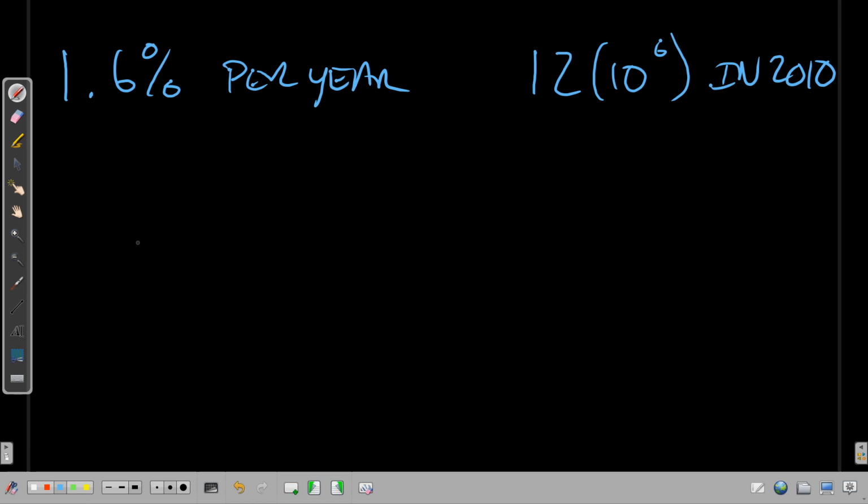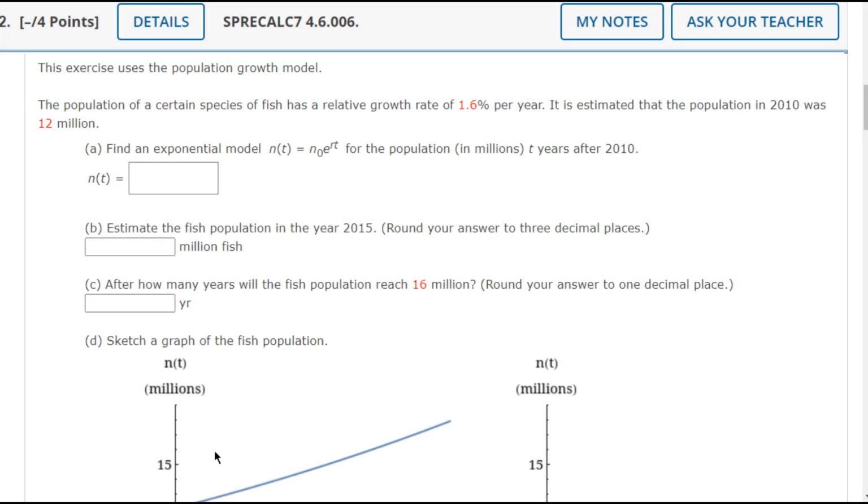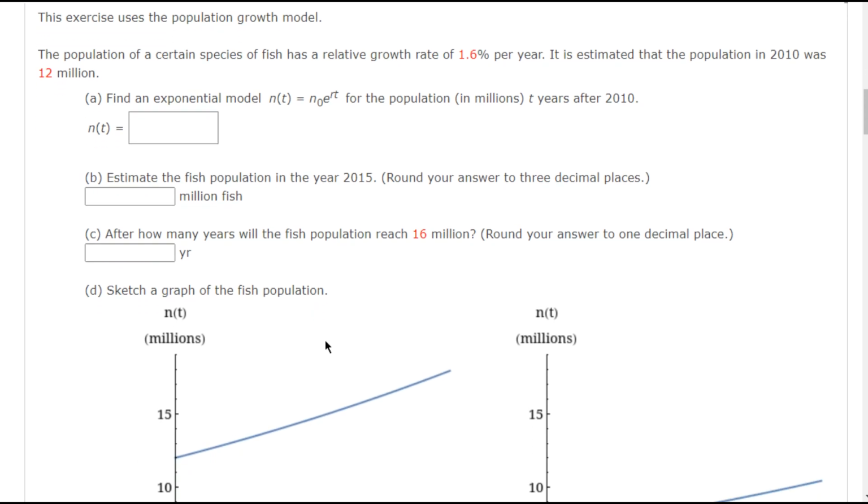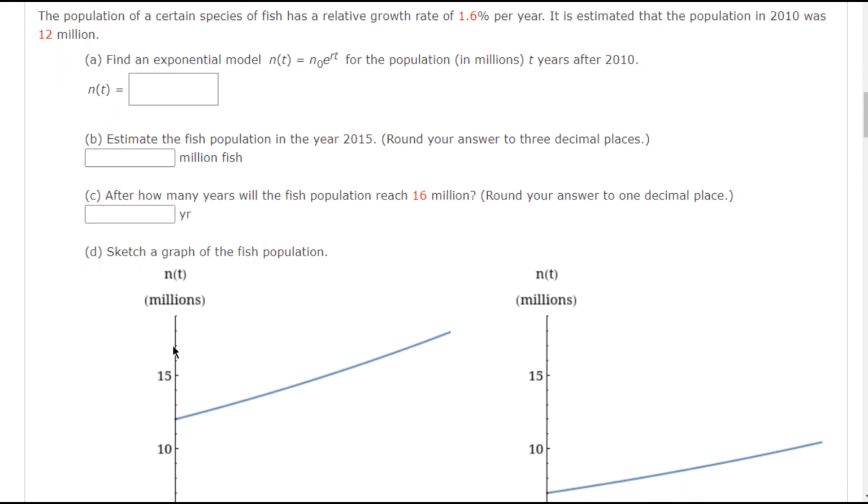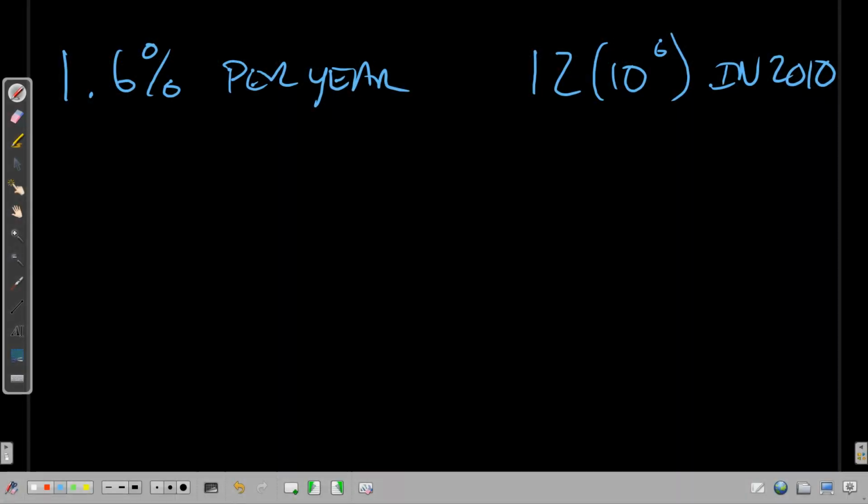So the fish don't wait around until the 2-year mark to reproduce. Of course, that somewhat contradicts what happened in the previous problem, where it said that they double every 10 years. But it's not like those birds were waiting around for the 10-year mark and then suddenly there was twice as many of them. It was going on the whole time. Anyway, let's just write the model and I'll try and show you what I'm talking about.